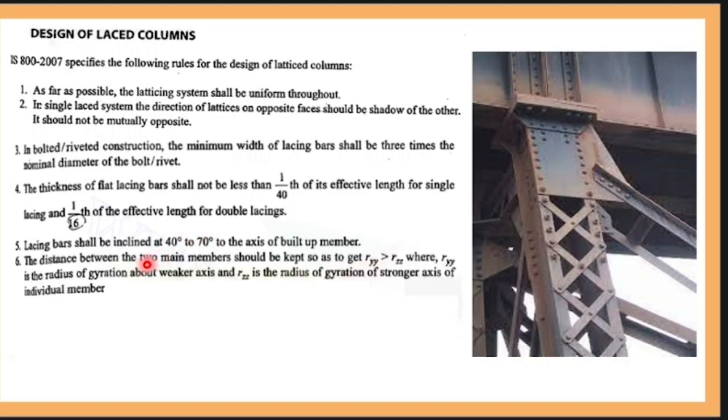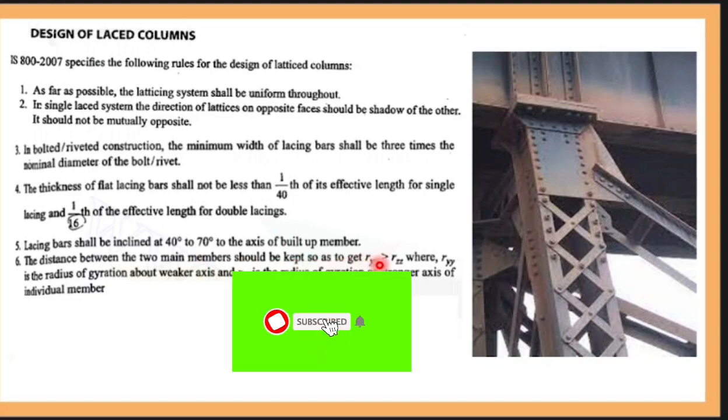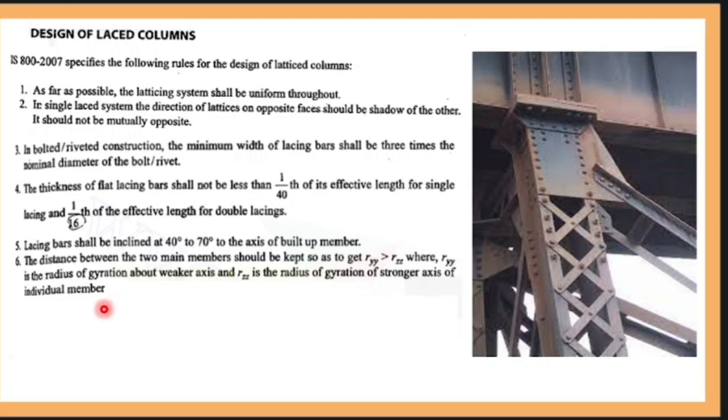The distance between two main members should be kept such that Ry is greater than Rz, where Ry is the radius of gyration about the weaker axis and Rz is the radius of gyration about the stronger axis of the individual member. When you are using any member, you will be having two radii of gyration. Check that in the previous problem, you had Rx and Ry.